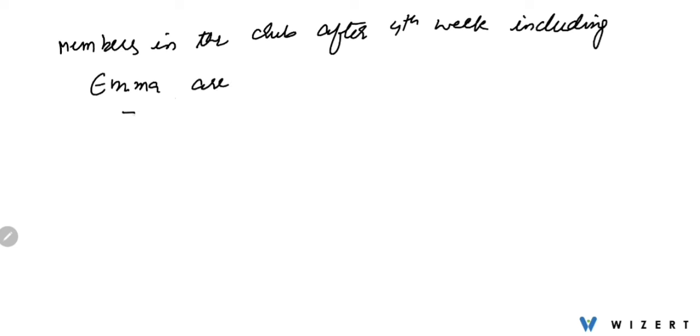Let's say Emma represents 1 member. So 1 plus 2 for the first week, the second week was 2 to the power 2, which is equal to 4. 2 to the power 3 will become 8 and 2 to the power 4 is 16. So let's add this, and if we add this, the total sum will be 31.